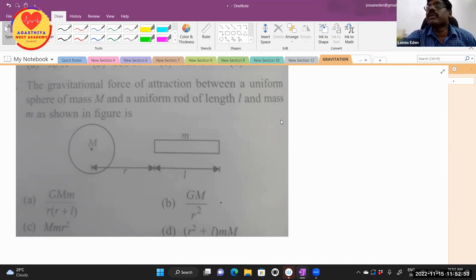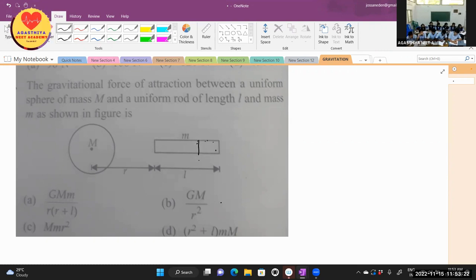In this situation, when you do not know the centroid of the rod or any object, we have to apply the integration method between the capital mass and the small mass. This is a body in which the mass is distributed uniformly.